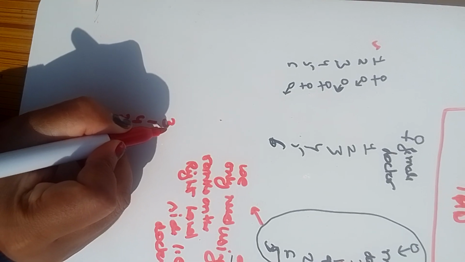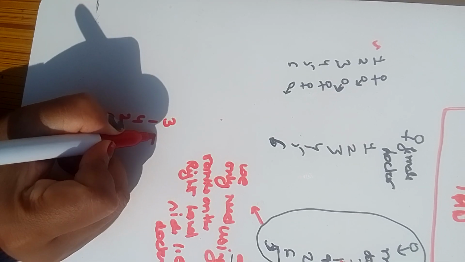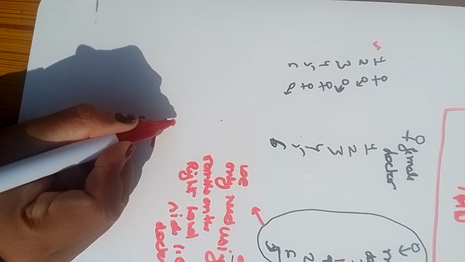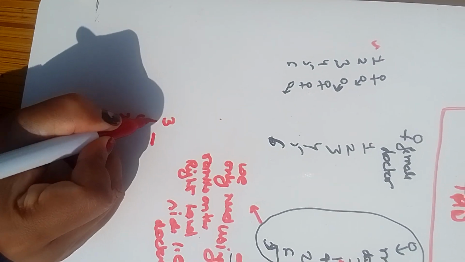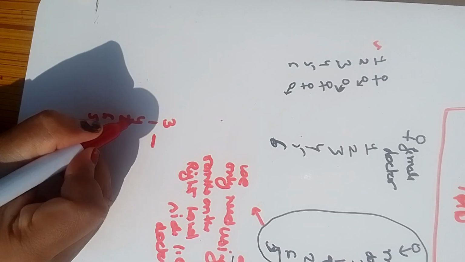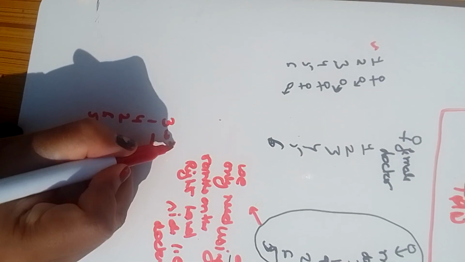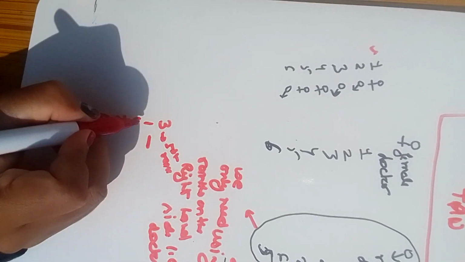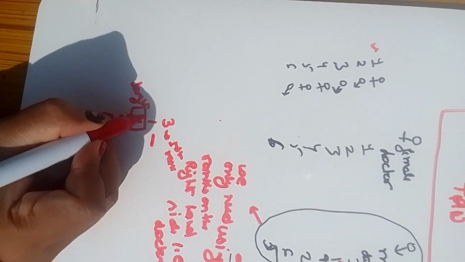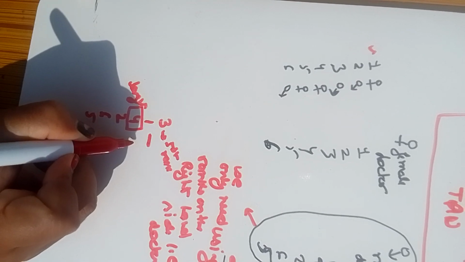Corresponding to the value of 3, 1 is smaller than 3, so we write minus here. And 4 is larger than 3, larger than the first rank, so we will write positive.